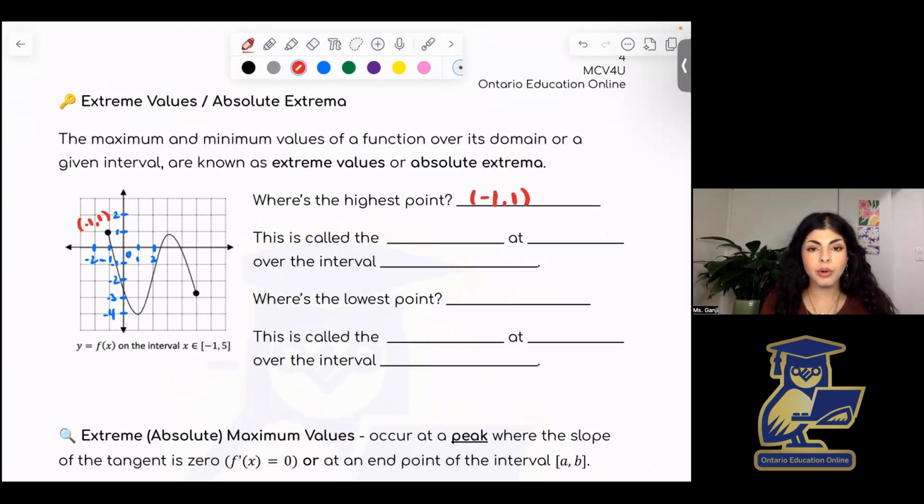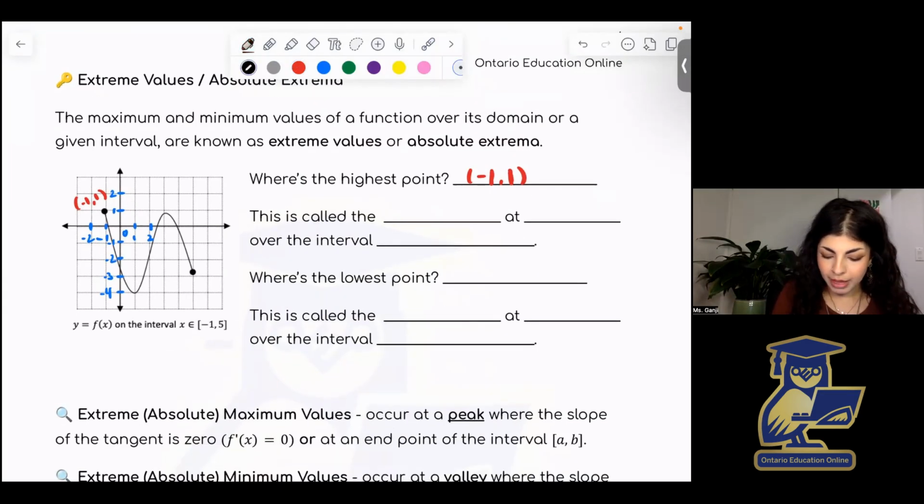And that's why it was important for all those optimization problems and for our algorithm to check those endpoints, because sometimes they are the maximum or minimum values and not the critical points. Now, this is called our maximum at -1, 1 over the interval -1, 5.